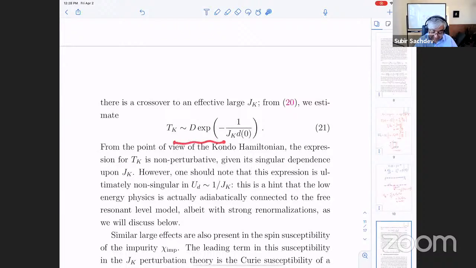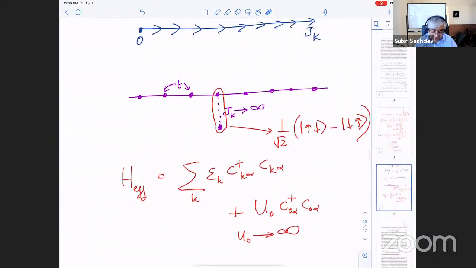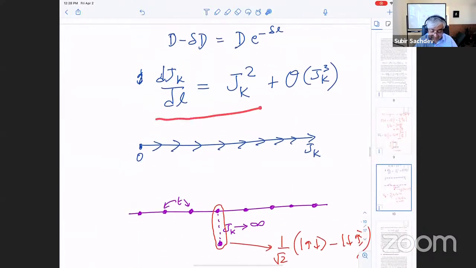Okay, and this particular expression for the Kondo temperature, you can also derive by integrating this equation at small l, but I think I'll skip that because that's really more proper for an RG course. I should say, I did mention this last time, this kind of equation of the coupling constant becoming strong as you go to lower and lower energy or lower temperature is exactly the same equation that you get for non-abelian gauge theories in 3+1 dimensions.